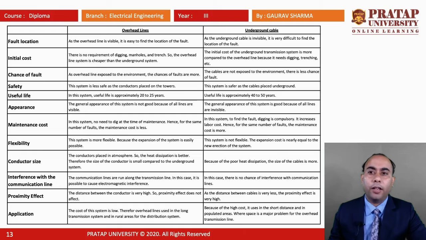So when we find the fault easily, then we can repair it easily. For the initial cost, in the overhead system there is no requirement of digging manholes and cable trenches, so it is cheaper than the underground system, but this cost will be additionally imposed in the underground system.